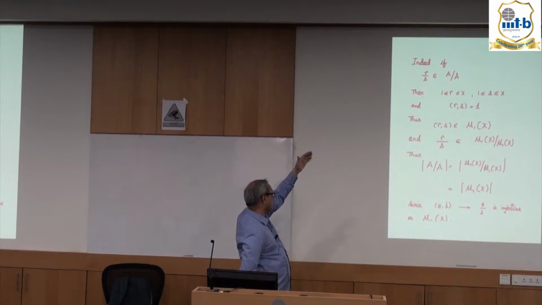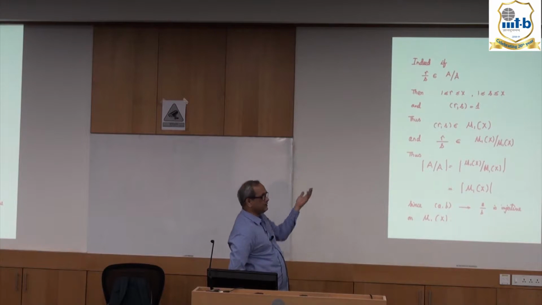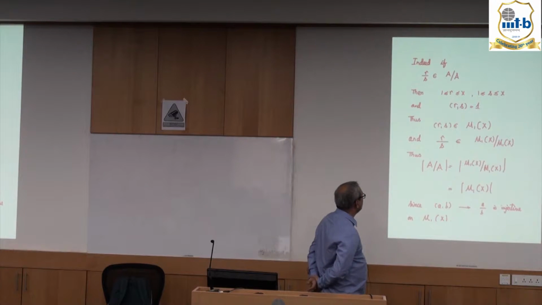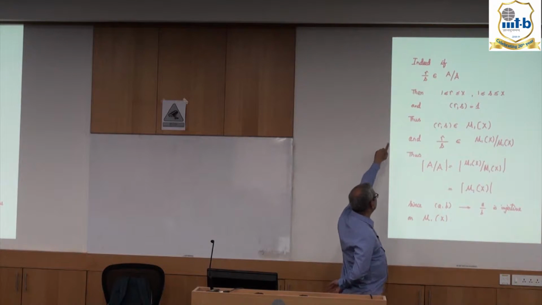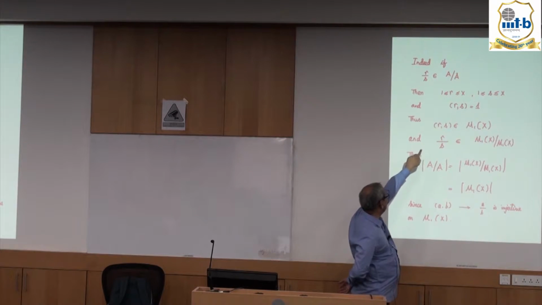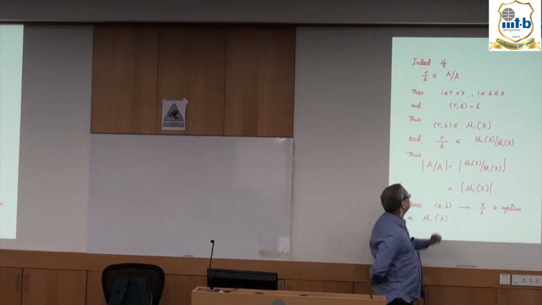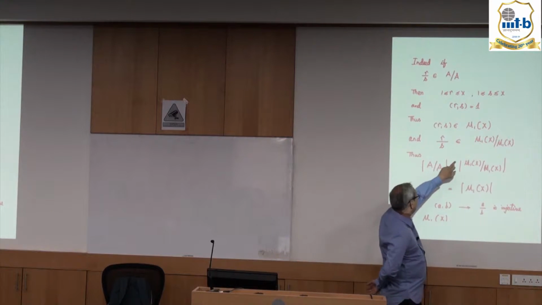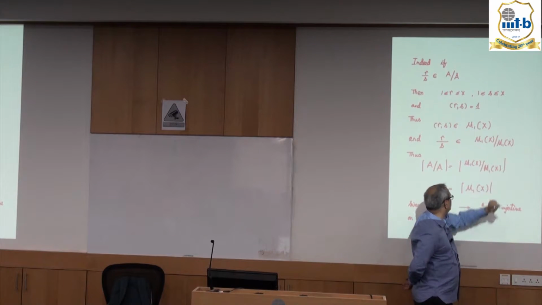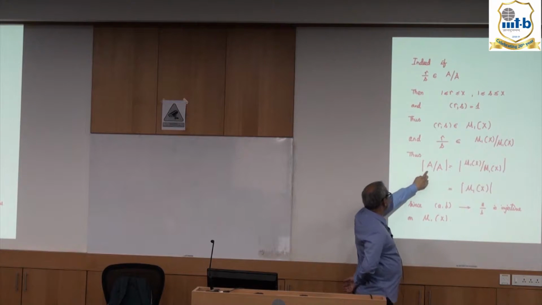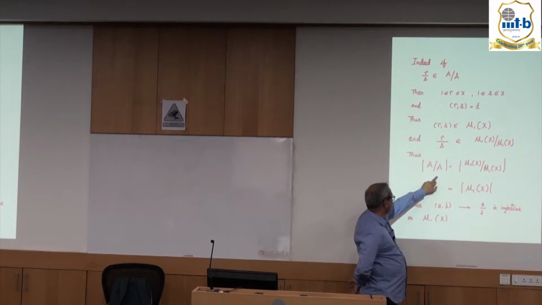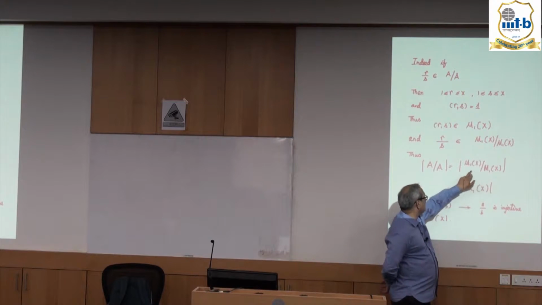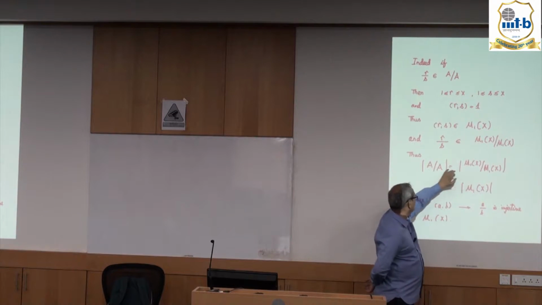Okay, so after cancelling off the GCDs, R and S would still be less than X, and they would obviously satisfy this condition. Thus, the pair R comma S belongs to M1 of X, and R by S belongs to the fractions produced from M1 X. Therefore, the cardinality of the ratio set is equal to the cardinality of the ratio set of M1 X. Clearly, this is a subset.